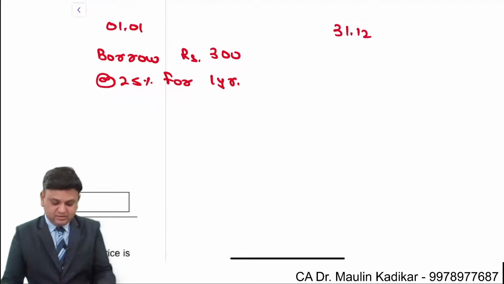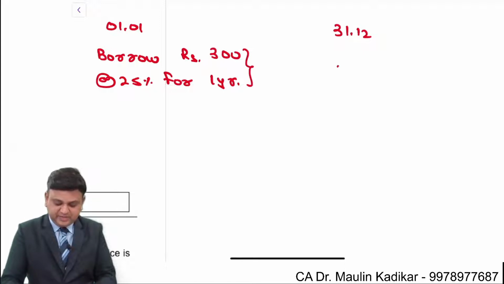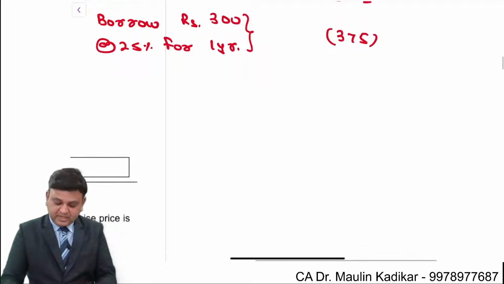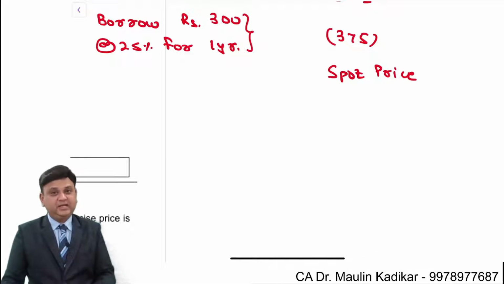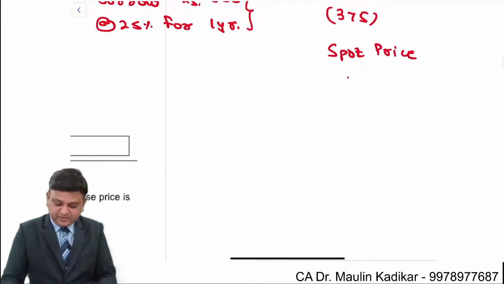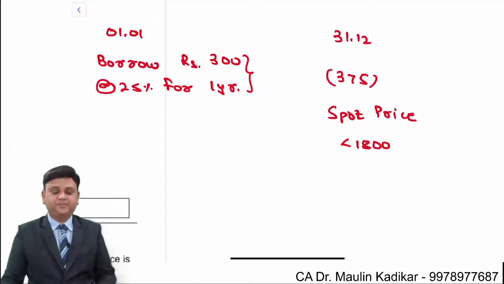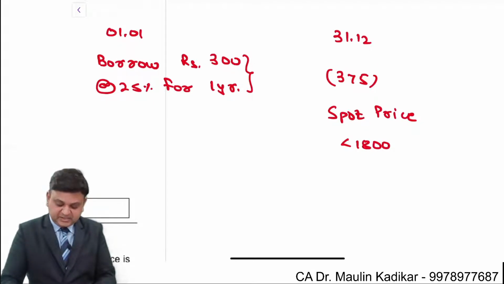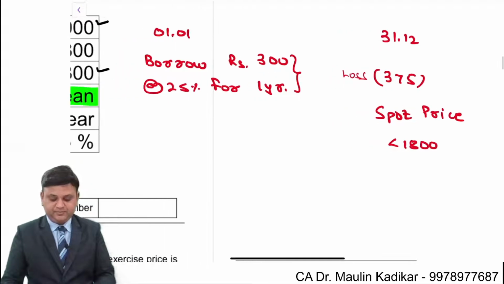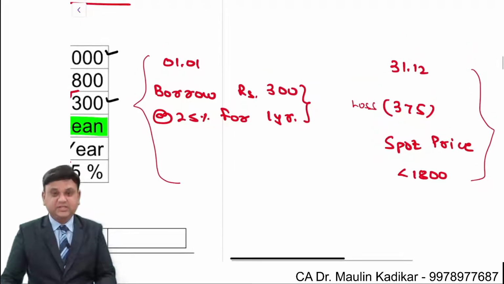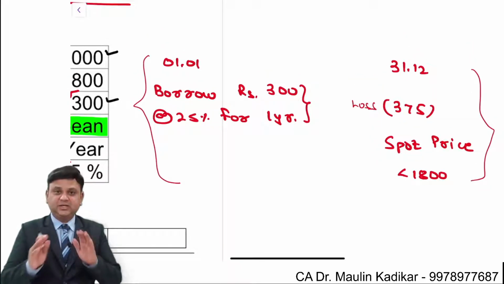At the end of the year, the amount that you have borrowed will have the repayment liability 375. Fine. Now spot price of the security at the end of the year can be anything. Suppose the spot price of the security is less than 1800. You take any price less than 1800. What will happen? The option is not worth exercising, and this is the amount of the loss that you have. So entering into this transaction is not going to result into an arbitrage. That is what we understand.